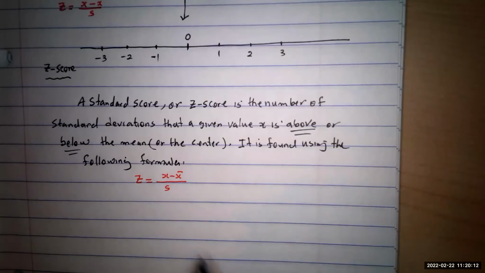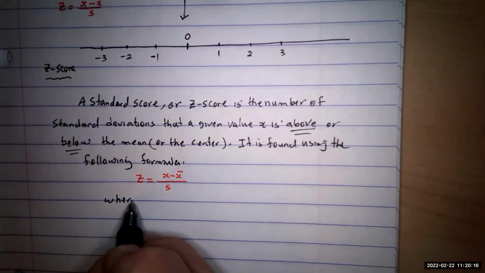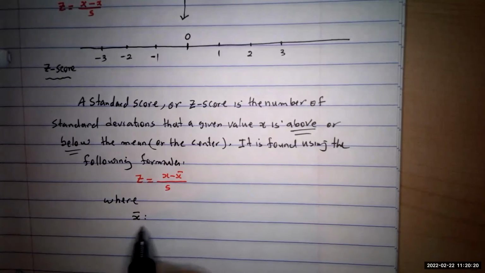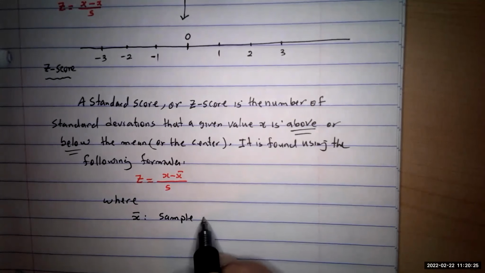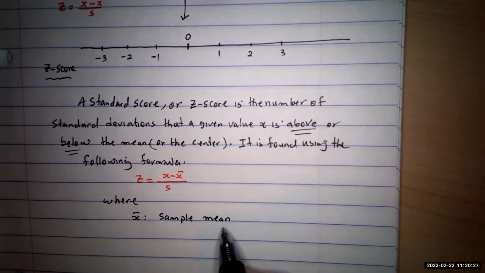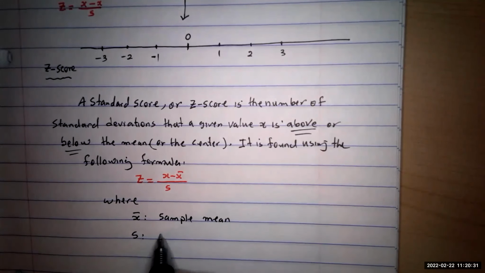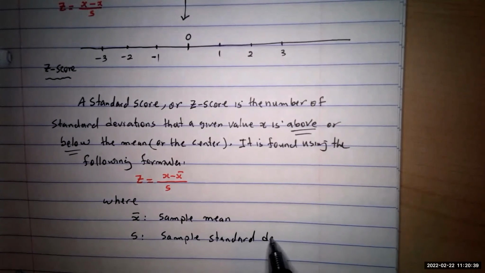I just explained it again, this is the way you use it. X bar is the sample mean, and S is the sample standard deviation.